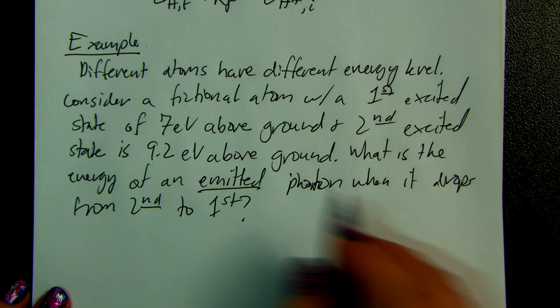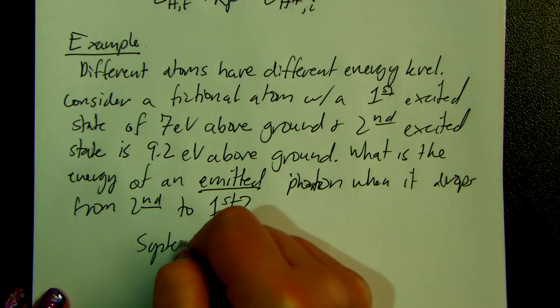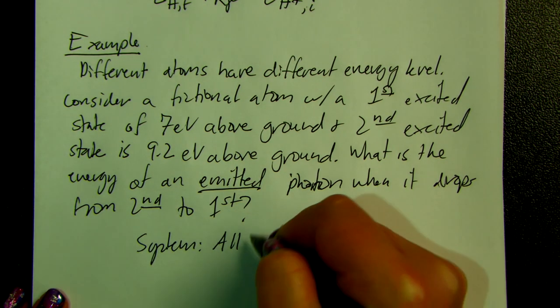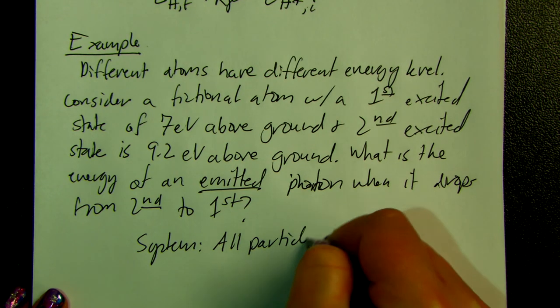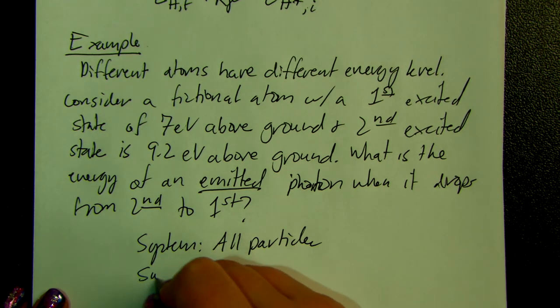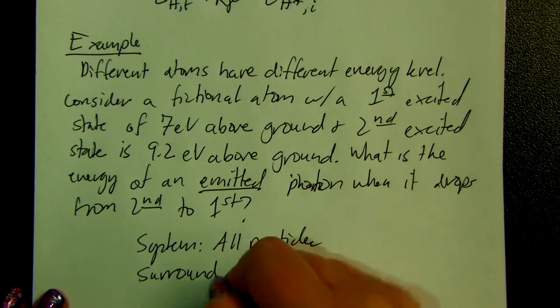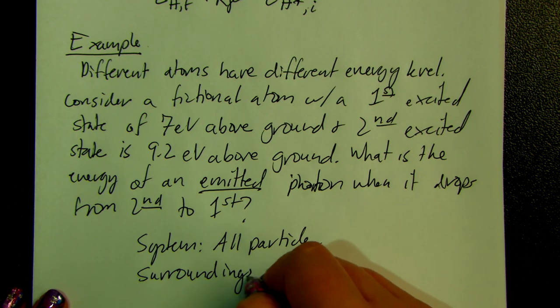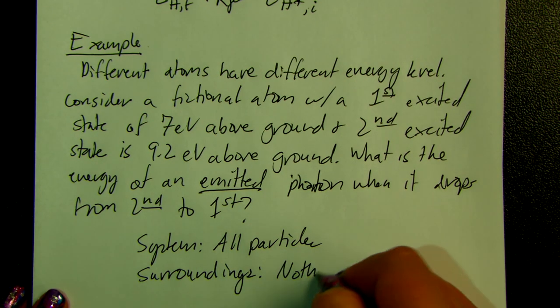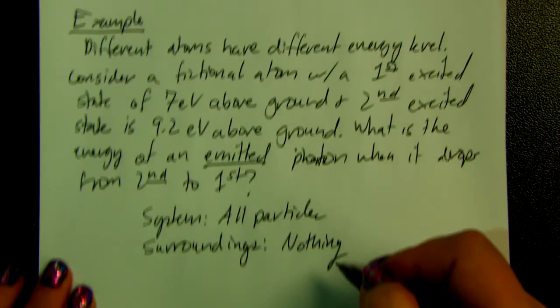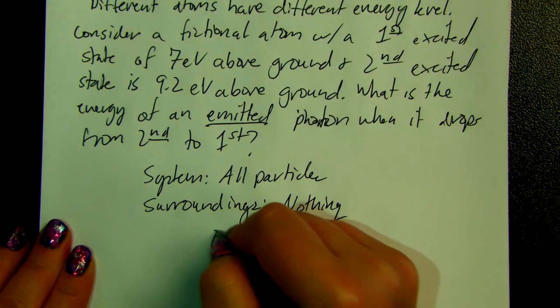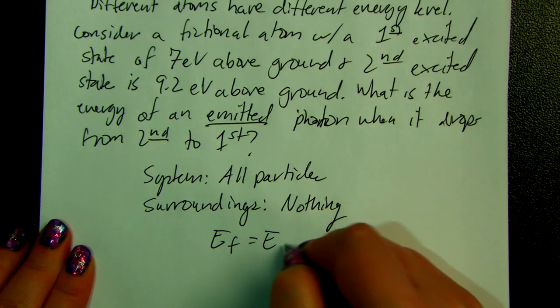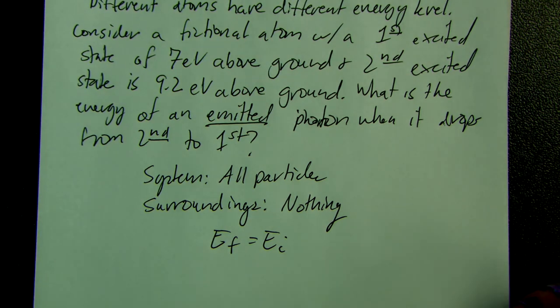All right, so once again, we'll set the system up to be all particles. The surrounding will be nothing. So we have E final is equal to E initial.